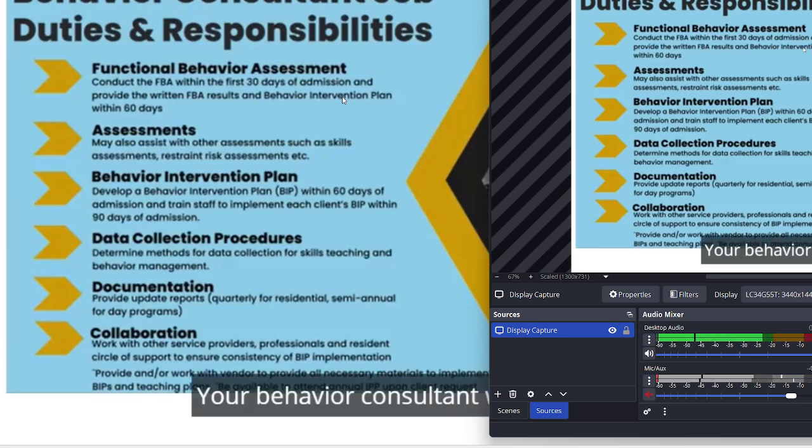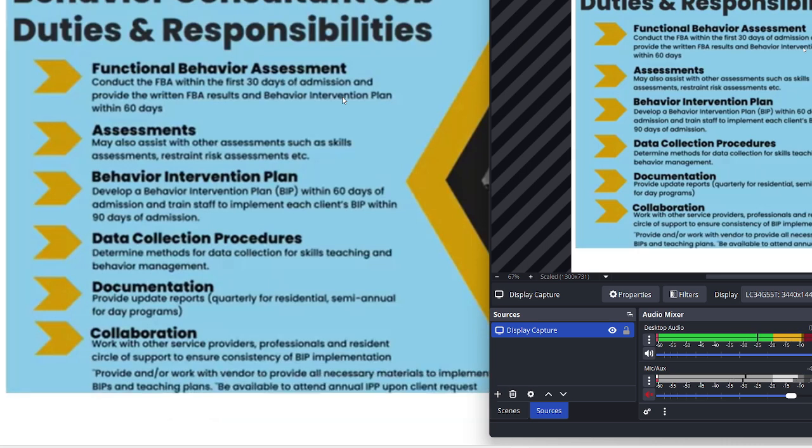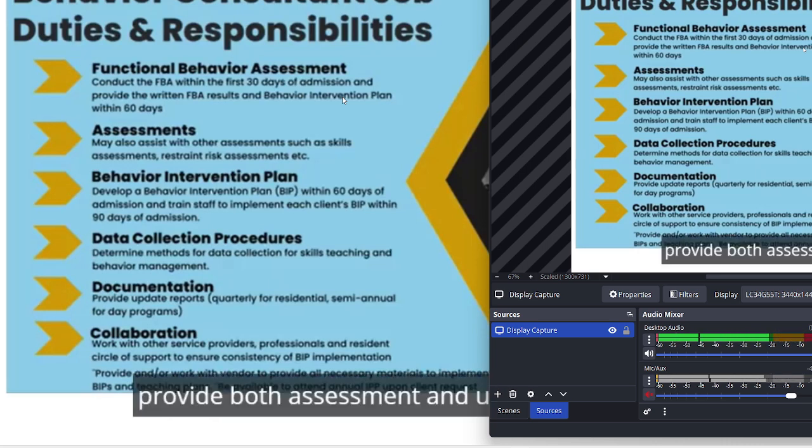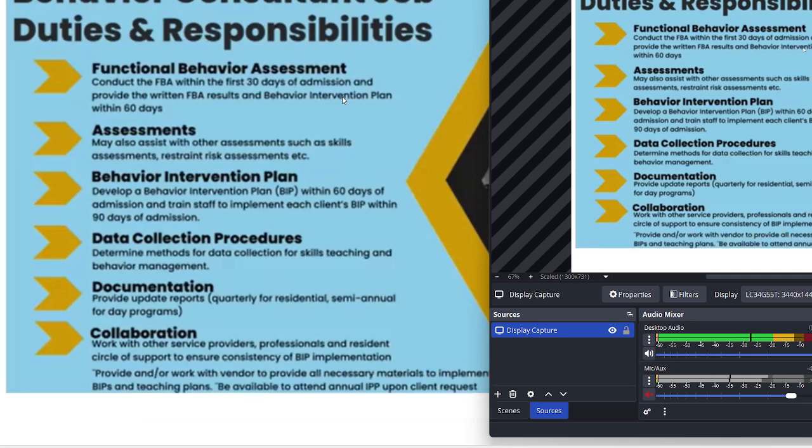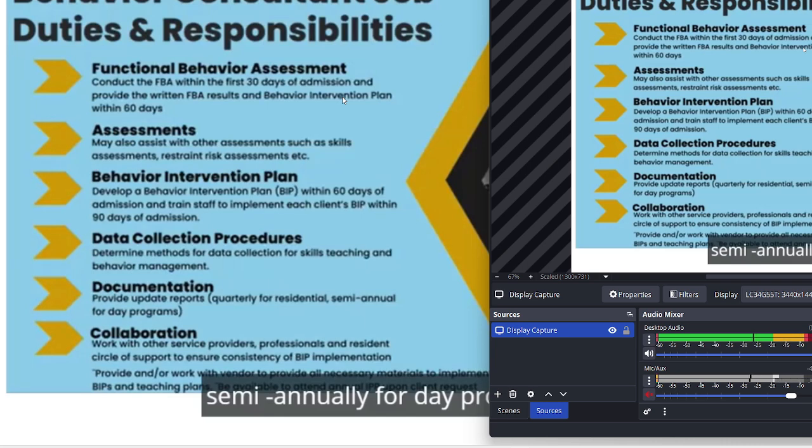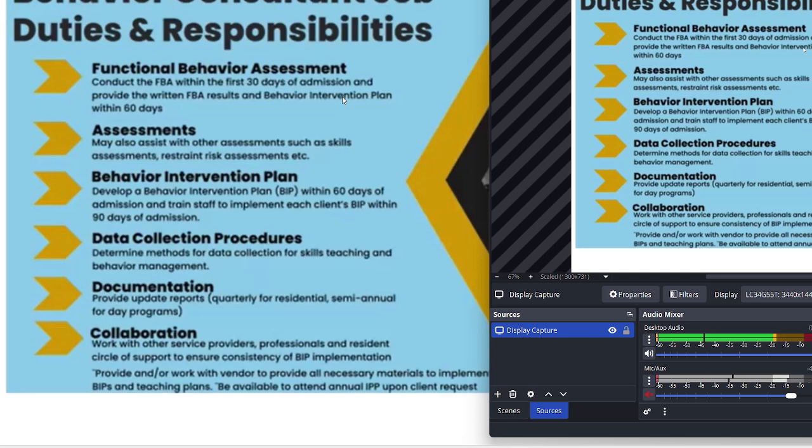Your behavior consultant will likely develop and provide you with data collection forms as well as procedures, provide both assessment and update reports quarterly for residential, semi-annually for day programs, as well as collaborate or work with other service providers, professionals, and the resident's circle of support to ensure consistency of behavior planning across individuals and environments.